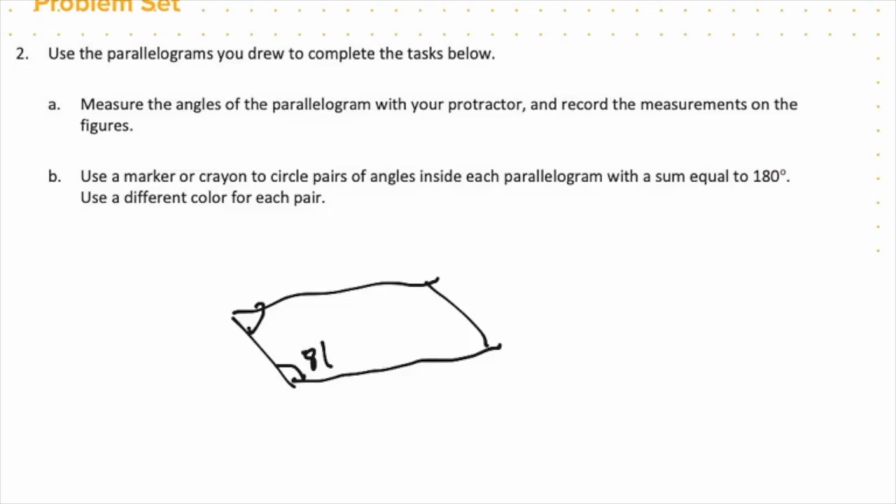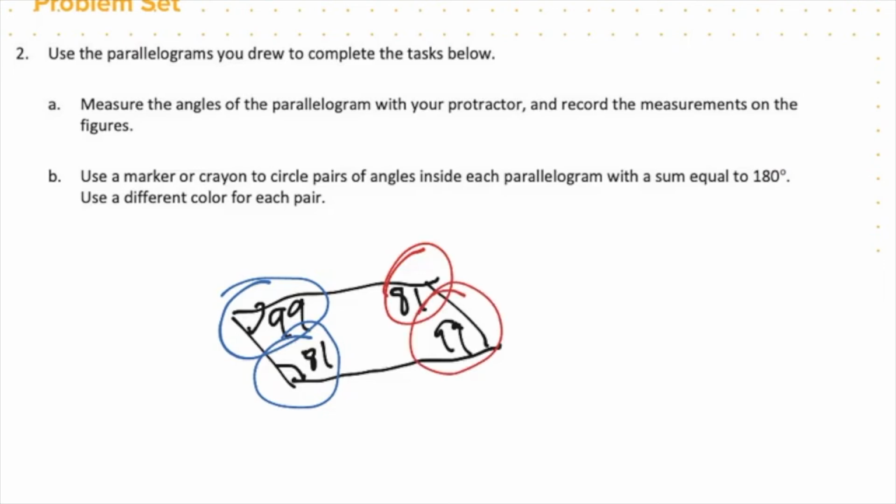So that would mean this angle would be 99 degrees. Because those two equal 180, I will circle those with 1. And then these two angles, 81 and 99, will also be equal to 180 degrees. And there you go. That's the basic concept of part B.